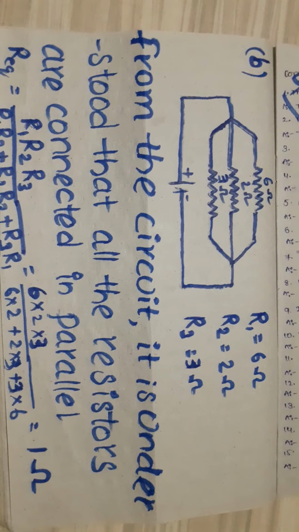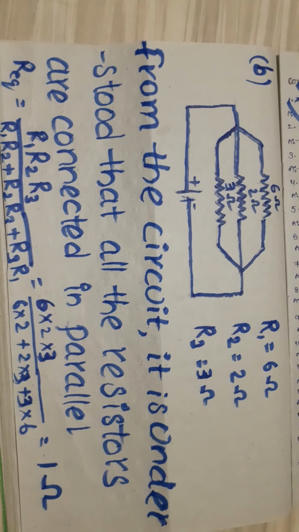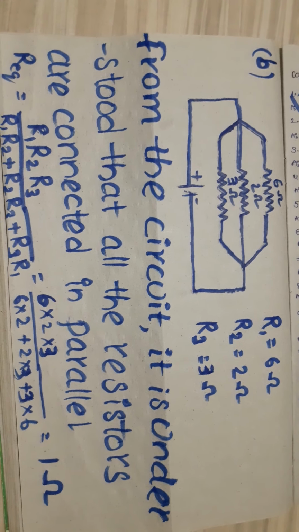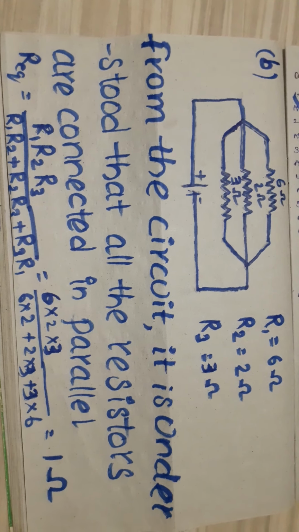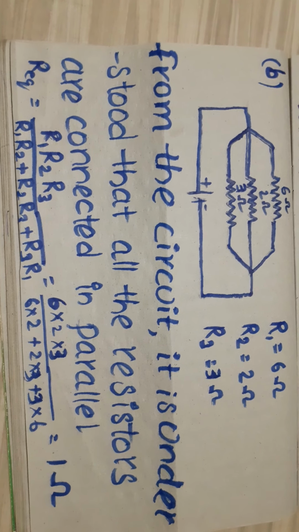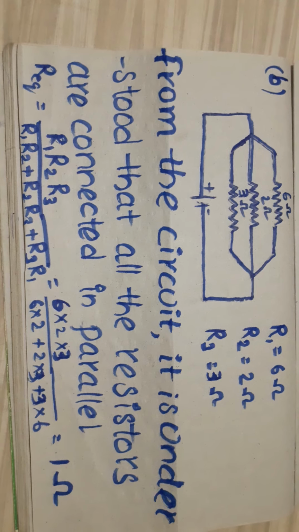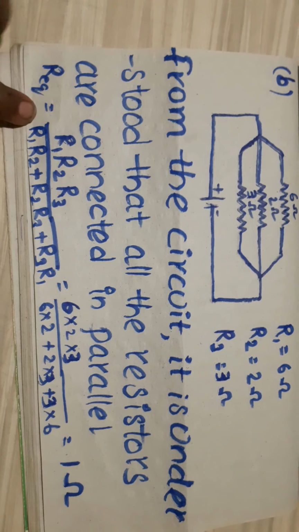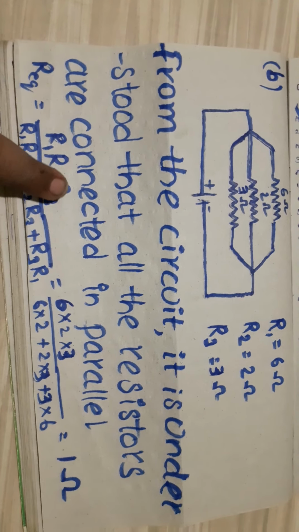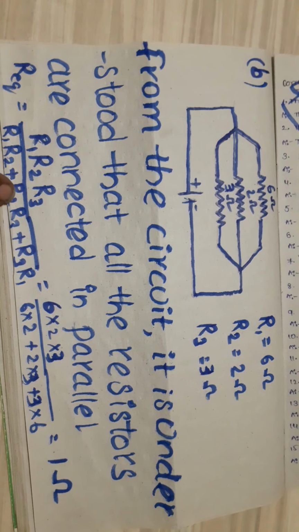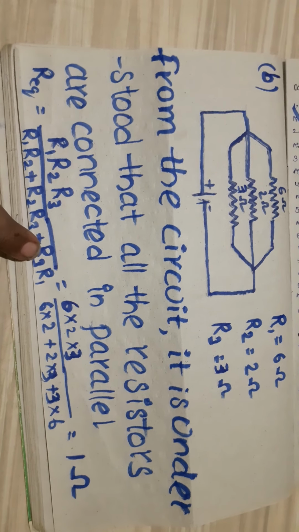Now question number B. The 6 ohms, 2 ohms, 3 ohms, these three resistors are connected in parallel combination. We have to find out the total equivalent resistance. Its formula is R1 R2 R3 by R1 R2 plus R2 R3 plus R3 R1.